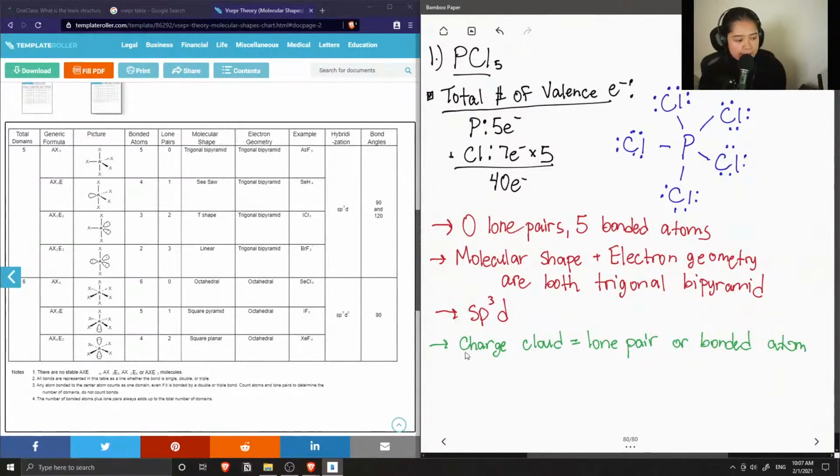And if we have 5 charge clouds like we do in our structure, then it is considered sp3d. If we only had 4, then we'd know it's sp3. 3 is sp2, and 2 charge clouds is sp hybridized. So this is another way we can find out the hybridization.